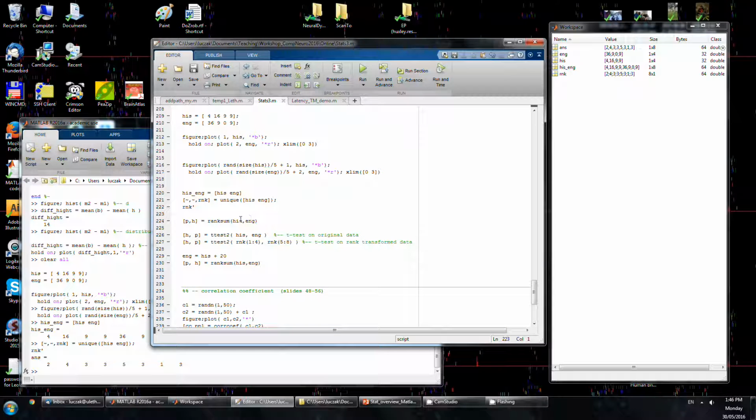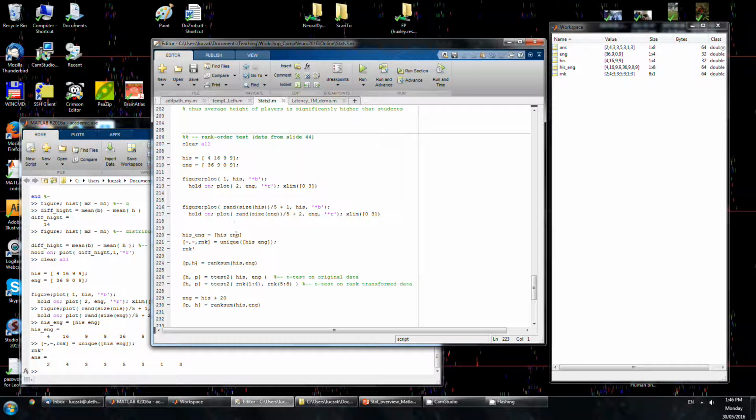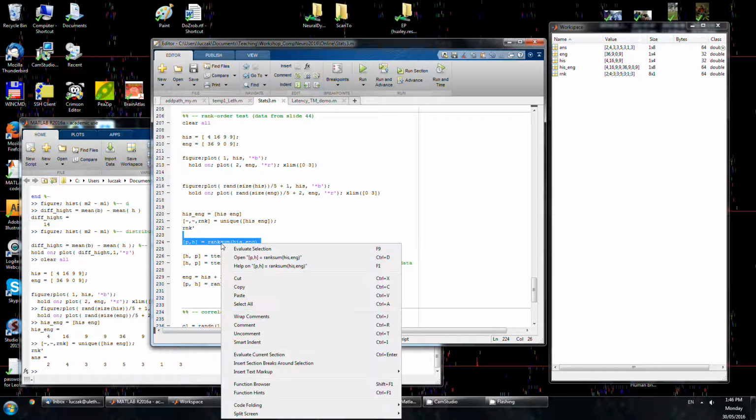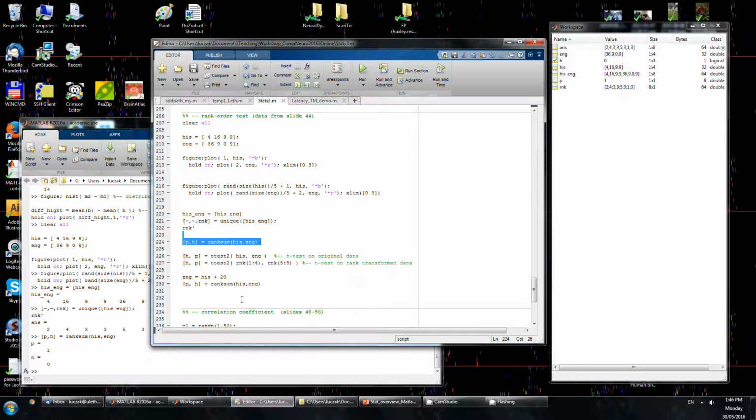In MATLAB, we don't really need to convert this ourselves to calculate the rank order test. We can just use the ranksum command, and it will automatically convert those values to proper ranks and give us a value.